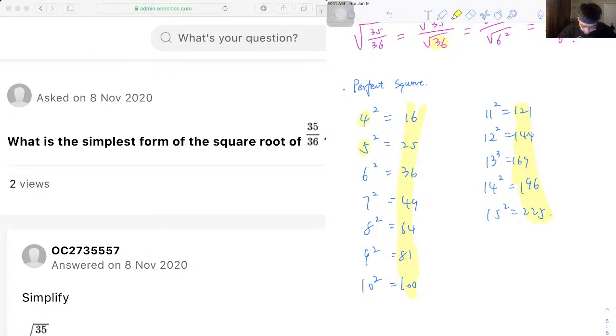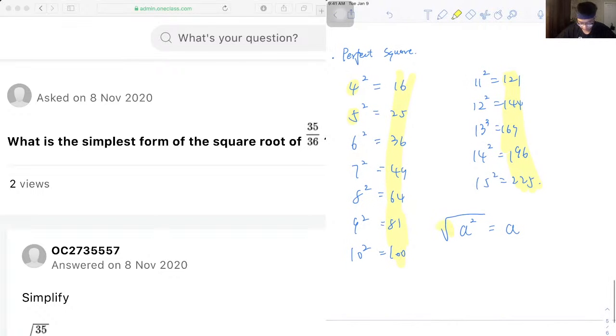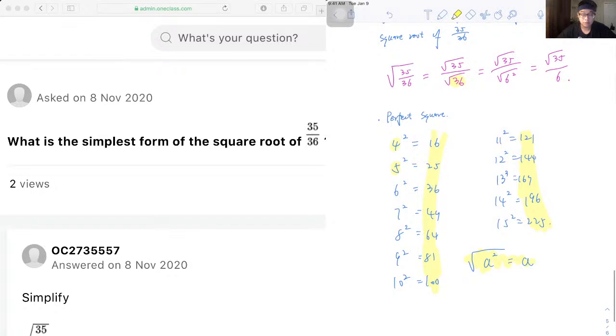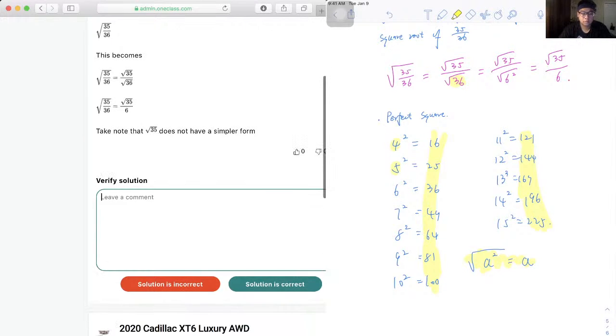Okay, just recall that the square root of anything squared is just the number itself. Yep, so I think that's all we got for this question. So solution is correct.